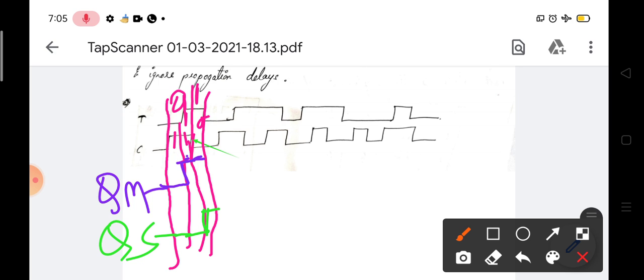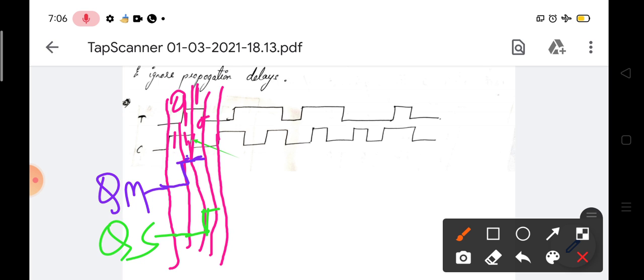I'll just take down the function table so that there's no interruption. So the next state is this. Up till here we'll analyze.